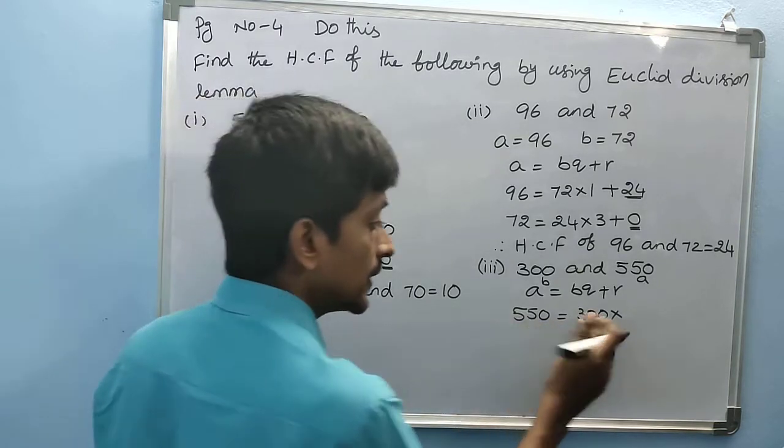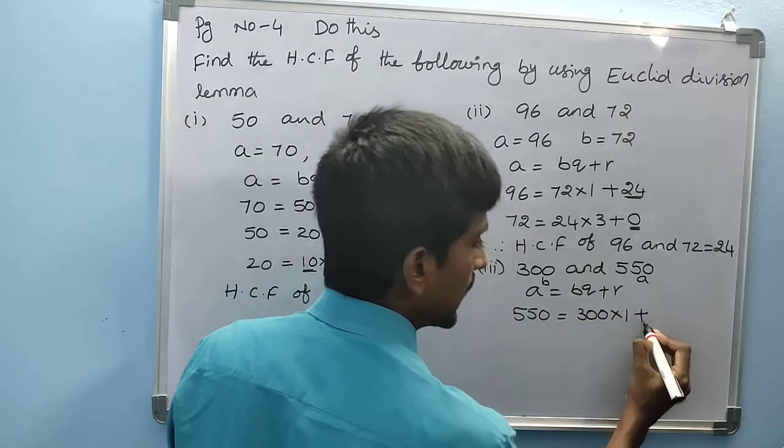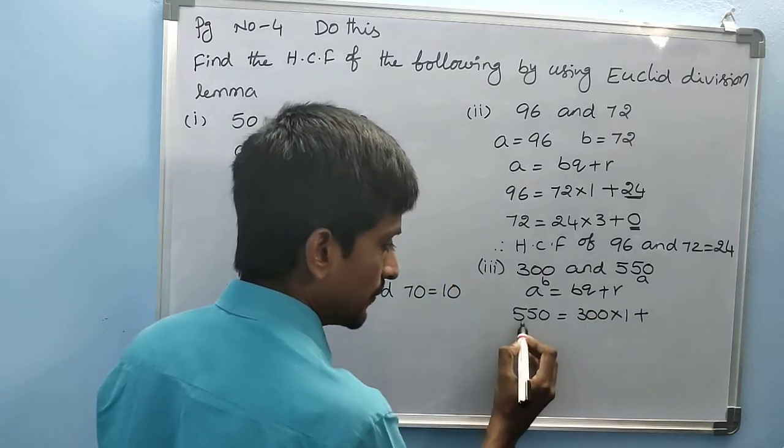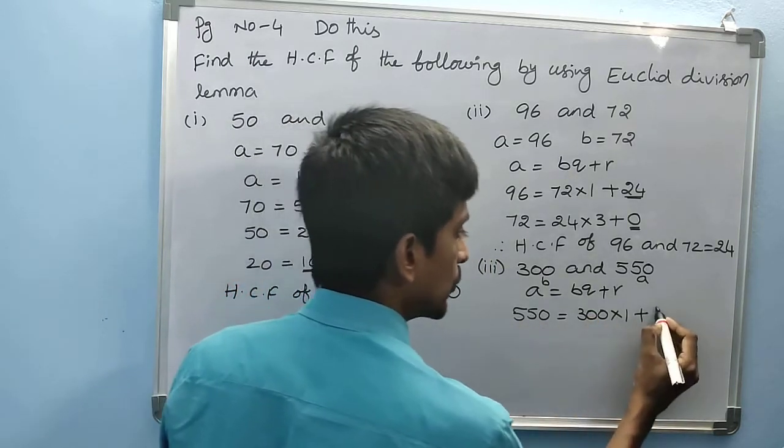So 300 one time 300 plus 250, since 550 minus 300 is 250.